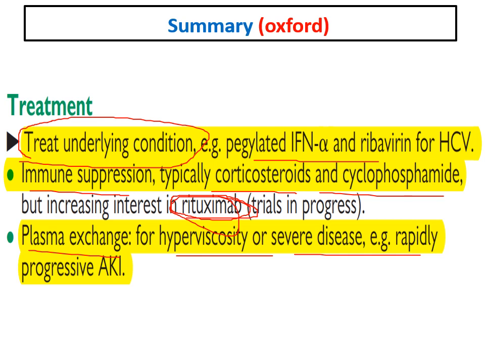So the two most common regimens include rituximab with or without steroids, with or without plasma exchange, or the second regimen, if rituximab is not available, is pulse methylprednisolone steroids with cyclophosphamide, with or without plasma exchange.